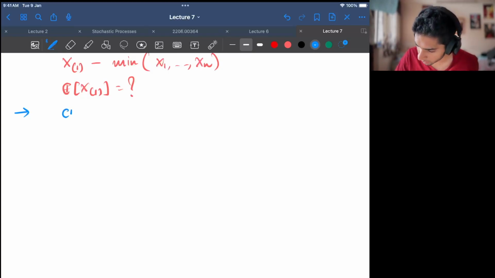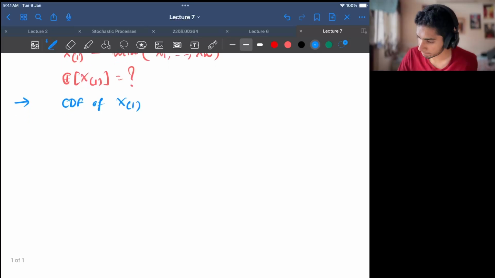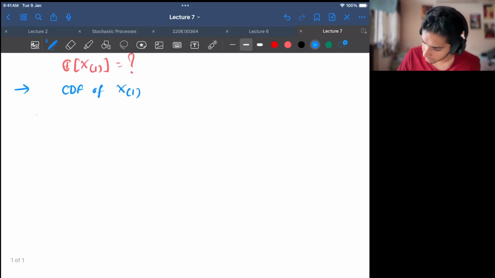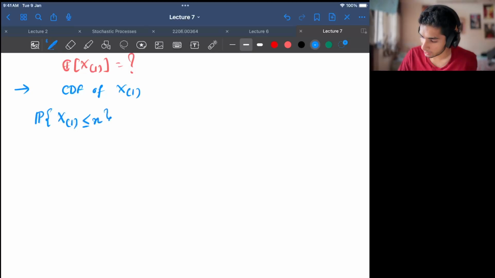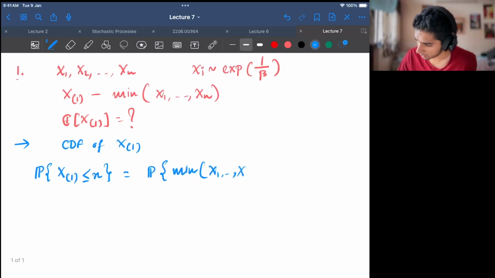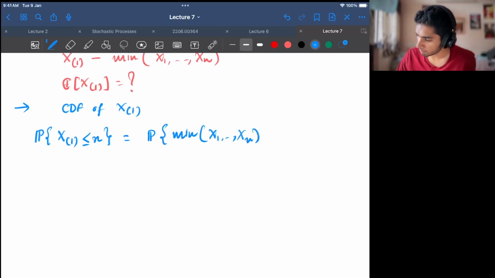For that, you need to look at the CDF of x sub 1. So what is the CDF? It's basically the probability that x sub 1 is less than or equal to some small x. And what is this equal to? This is the probability that min of x1 till xn is less than or equal to some small x.